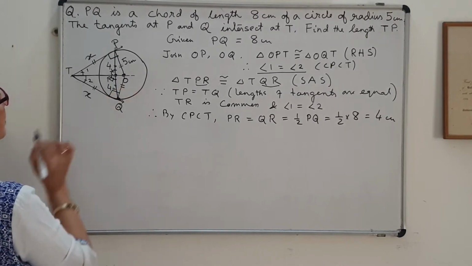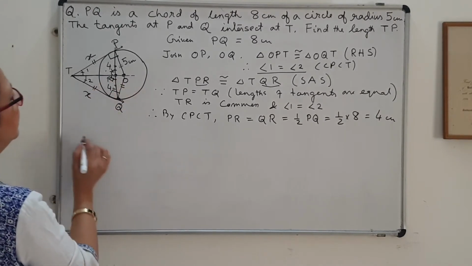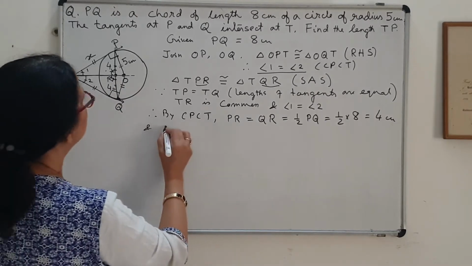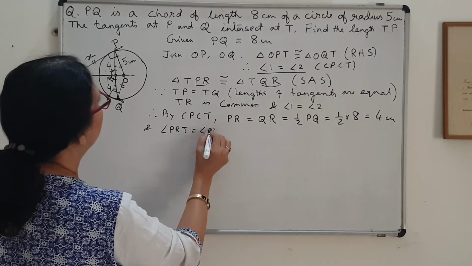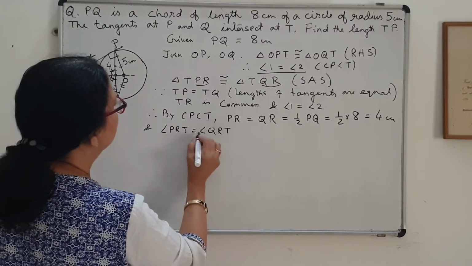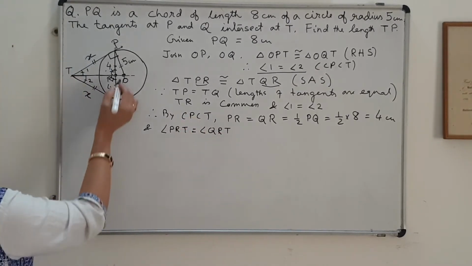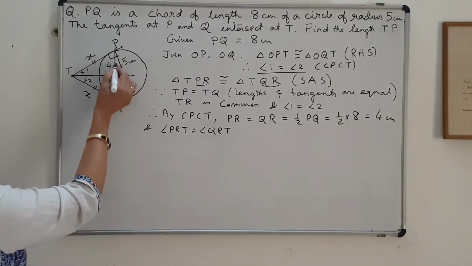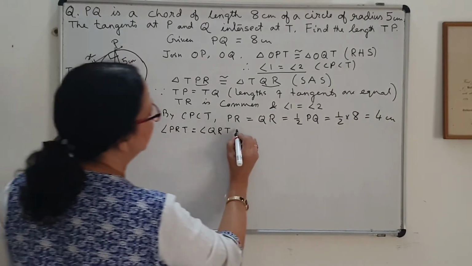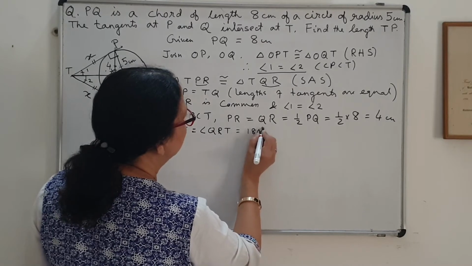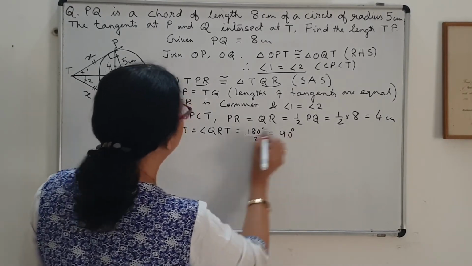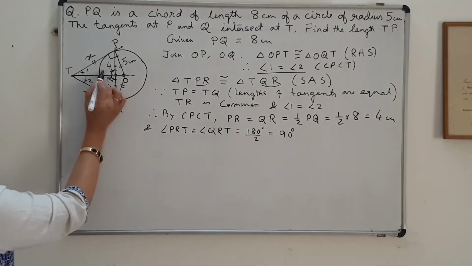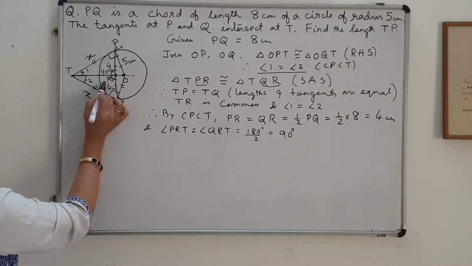By CPCT angle PRT is equal to angle QRT, and since PQ is a line, they will be half of 180 degree. So it is 180 degree by 2, since they are linear pair, so each angle is equal to 90 degree. This is 90 degree, this is also 90 degree.